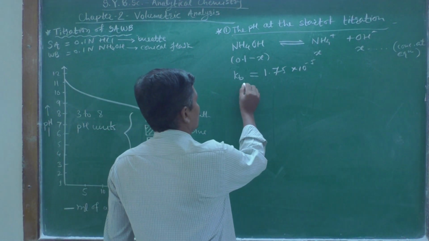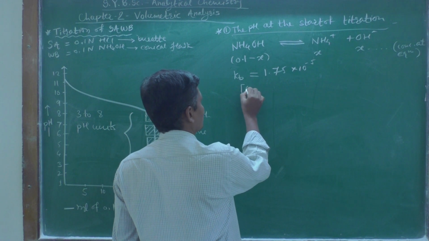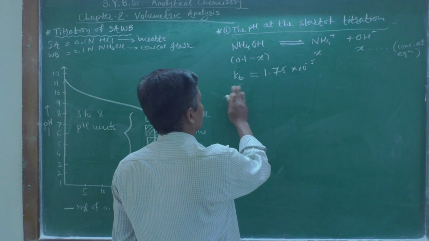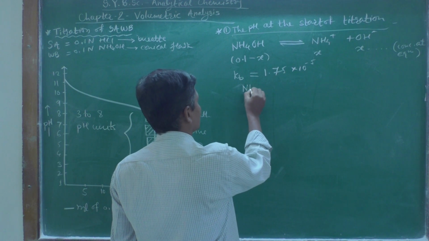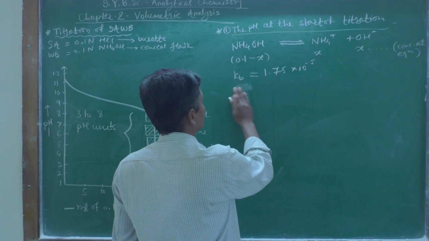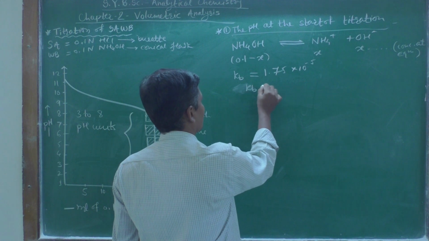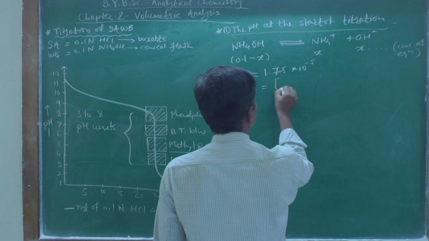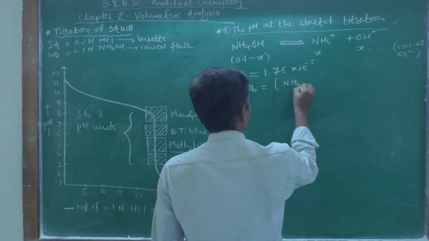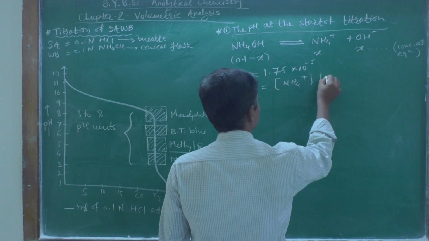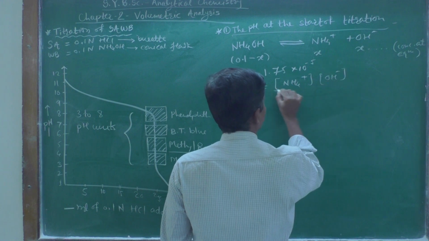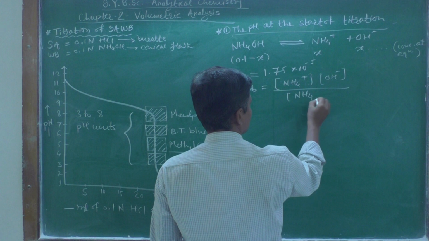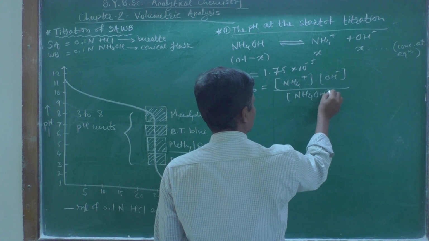Now this Kb value can be calculated from the formula: concentration of NH4 plus into concentration of OH minus divided by the concentration of undissociated species, which is NH4OH.